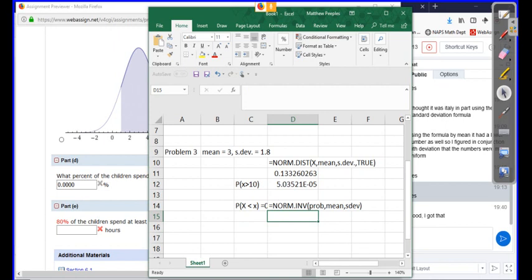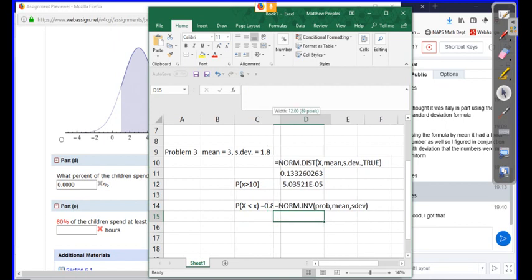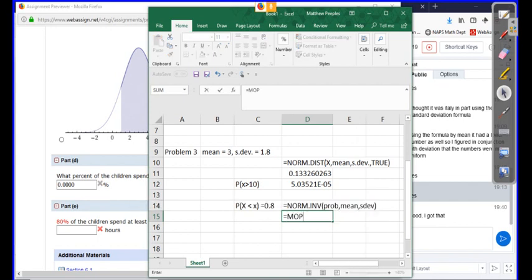So let me show you how this works. In this example, I'm going to type it in. Equals norm.inv. We put in our probability of 0.8 this time. We already know that part. Our mean is 3 and our standard deviation is 1.8. So it's going to give us a number that represents that number of hours.